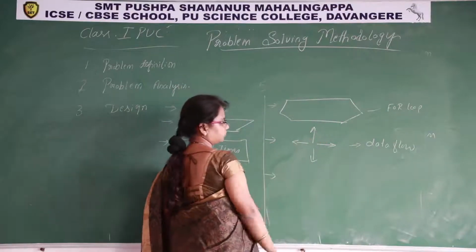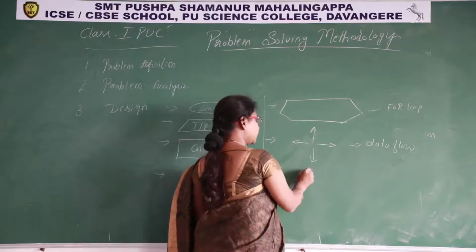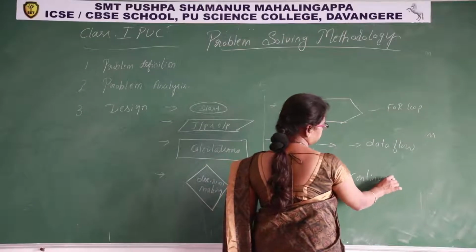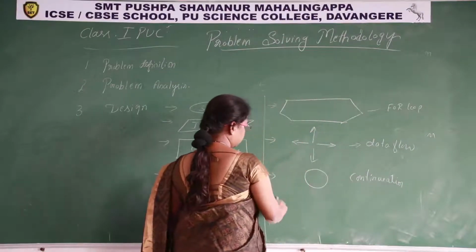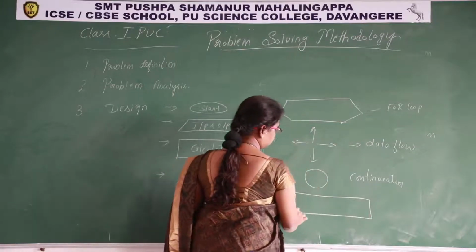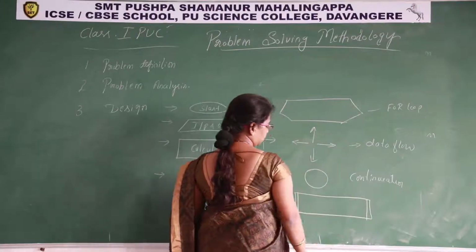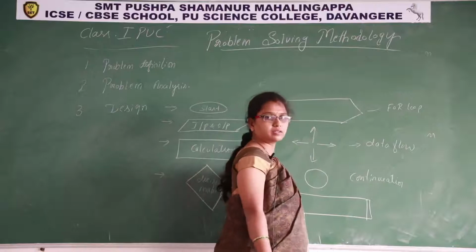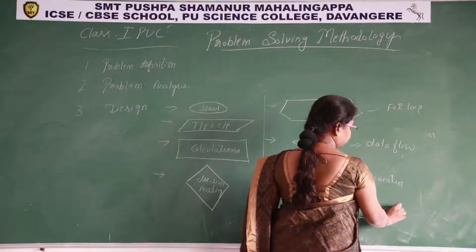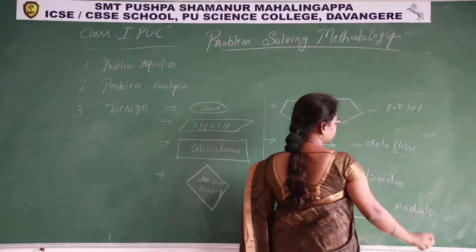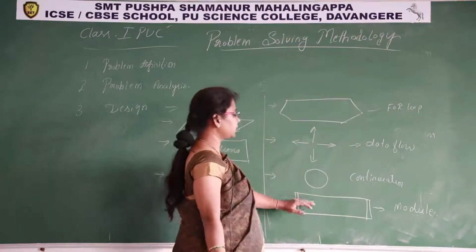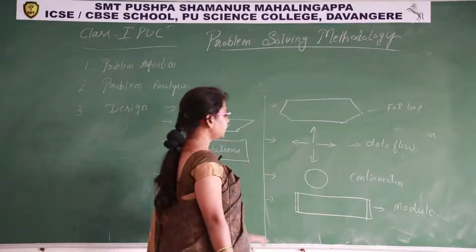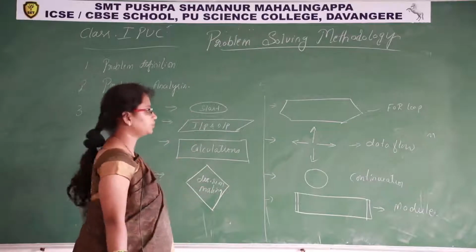Next, circle, continuation, and this barred rectangle, module. At this junction you have to remember what I gave, this for loop and module. Later we will discuss in detail. Right now let us understand these things.